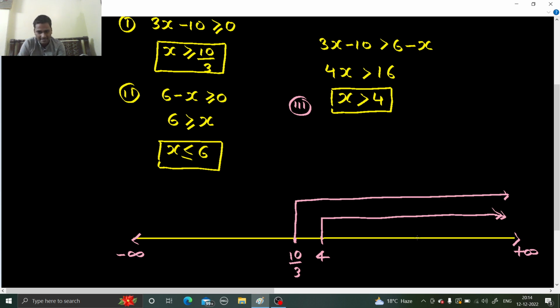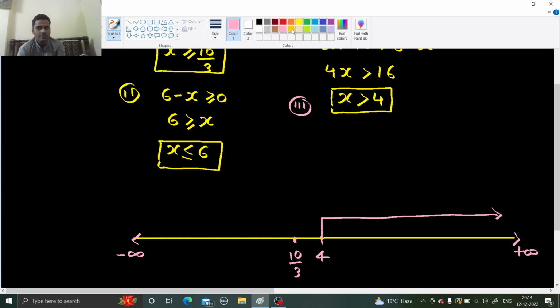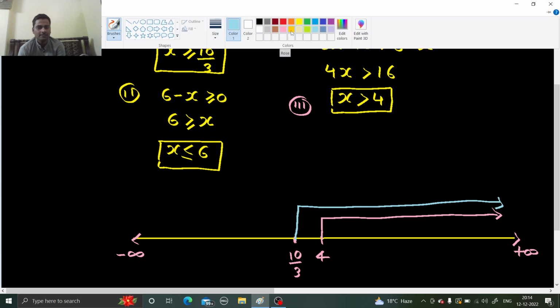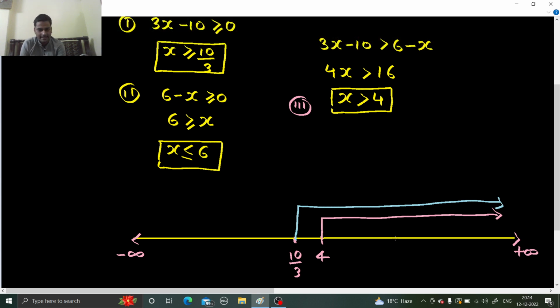So we have 6 somewhere here. I would have drawn this with a different color, that would have been better to understand. So let's use different colors. This is 10 by 3, so greater than or equal to 10 by 3. And the other one is 6, so it is less than or equal to 6.